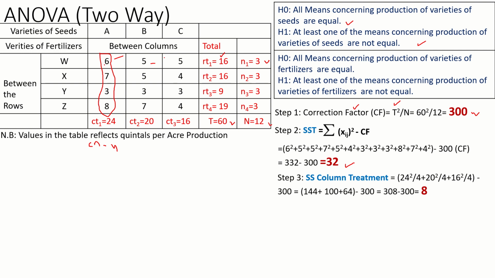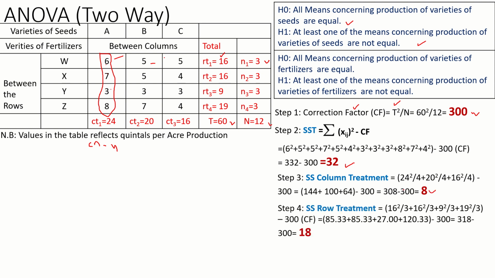What is the number of samples? 1, 2, 3, 4, so n equals 4. So we have 24 square by 4 plus 20 square by 4 plus 16 square by 4, minus 300, the correction factor. So the sum of squares for columns is 8.